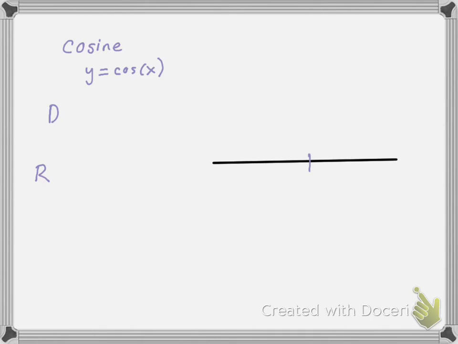We're going to start our graph at 0, and I'm actually going to start it a little further this way. And we're going to break up our period into 4. We find our period by doing 2 pi over k, where k is the coefficient of x. In this case, k is going to equal 1, which means that our period is equal to 2 pi.